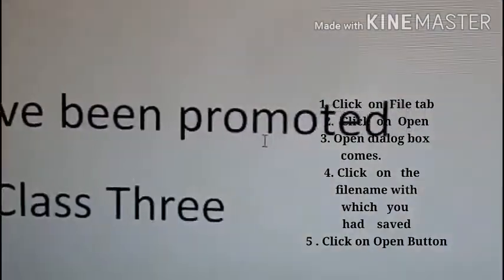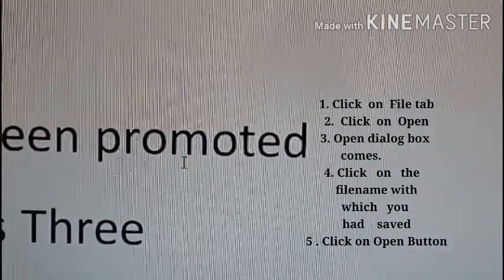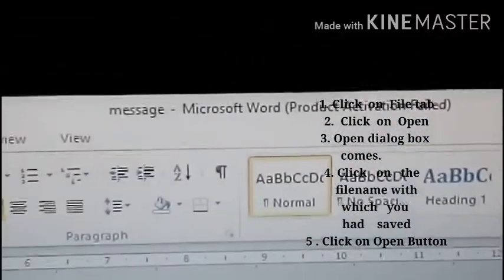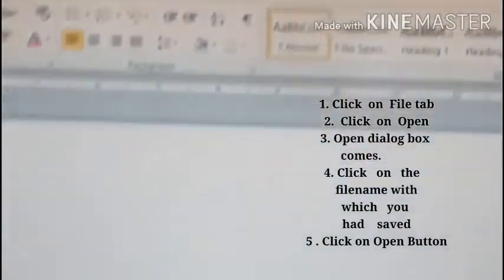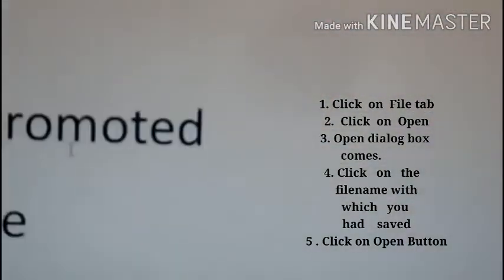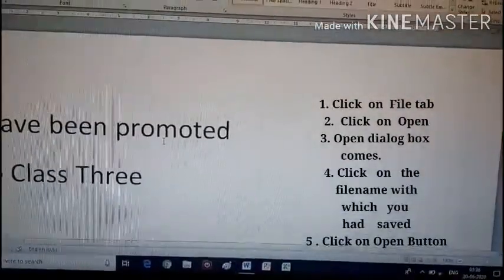Our file has come back, and let's see what's written on top. On top it is written now message. It's no longer Document 1. And before I complete, let's go through the steps once again.